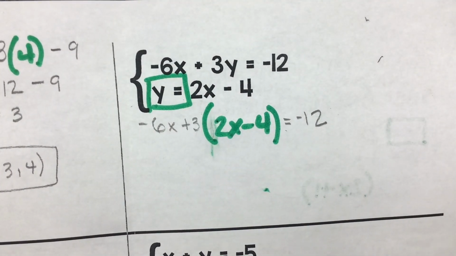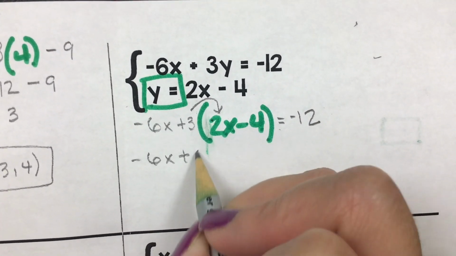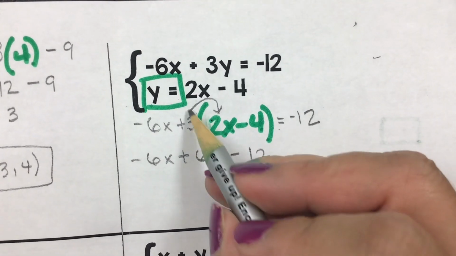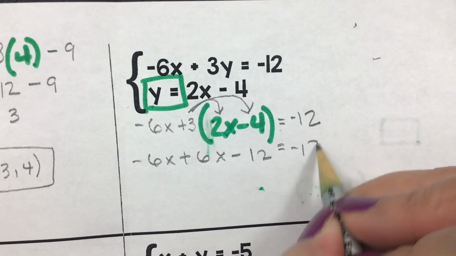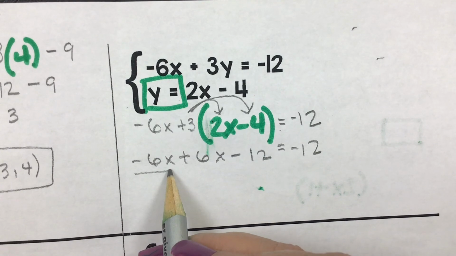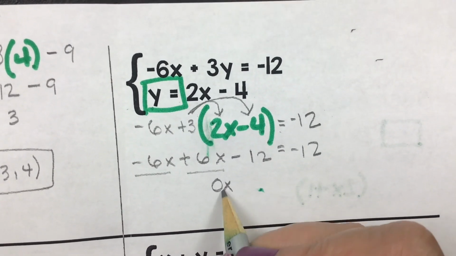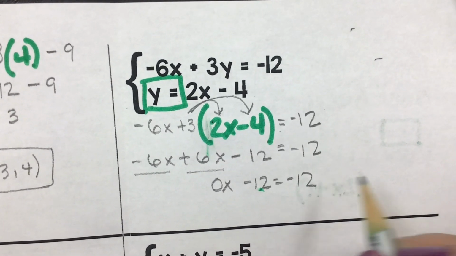We're going to do the distributive property first. 3 times 2, negative 6x plus 6x minus 12, because 3 times negative 4 is negative 12, is equal to negative 12. Now we're going to combine like terms. A negative 6x plus a 6x becomes a 0x minus 12 is equal to negative 12.